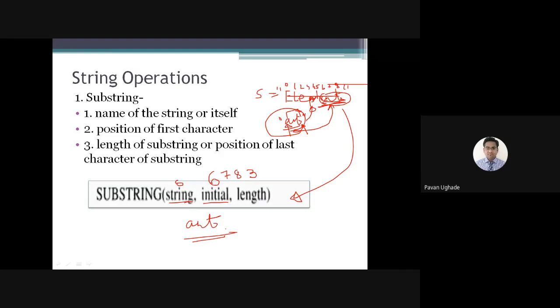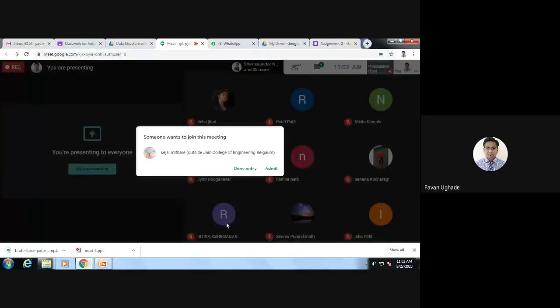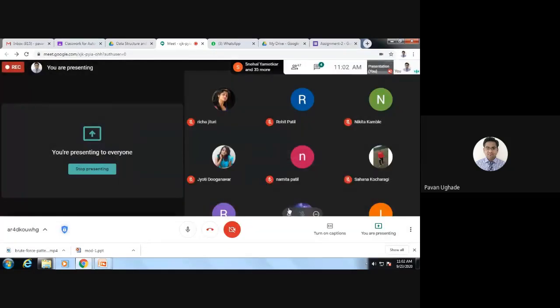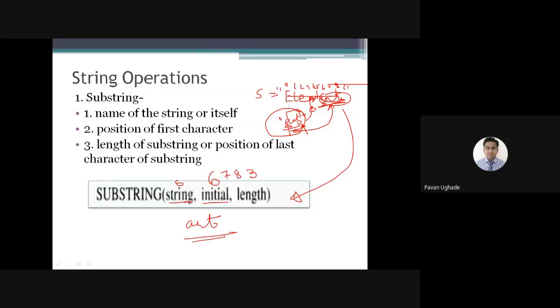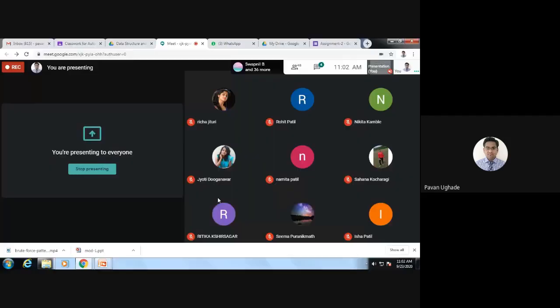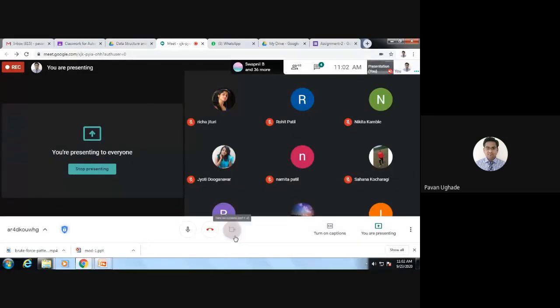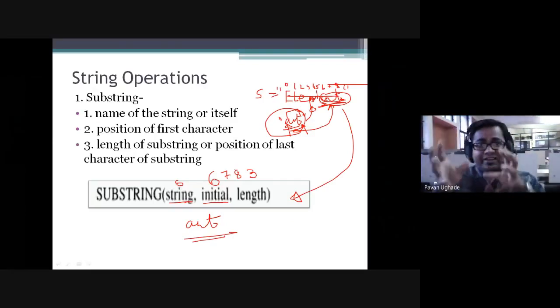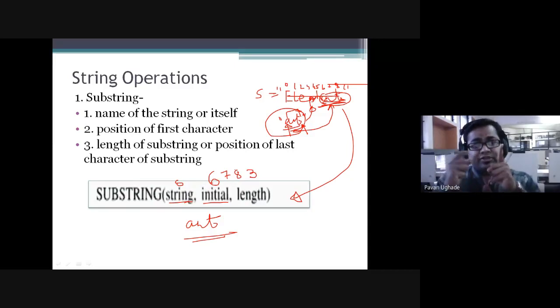It is going to have three parameters. One of them is the string itself through which you have to get the substring. The next is the initial value, that is the starting point to fetch the substring. And the last is the length, because if you start from the initial position, you require the length of your substring, till what point.